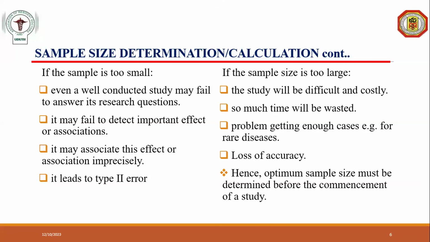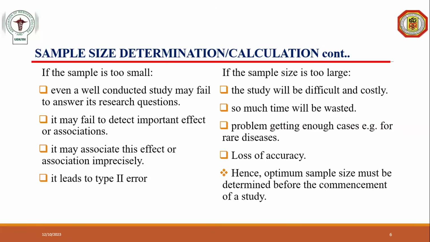Because if the sample size is too small, you may not have enough participants to measure the difference that you want to find. Maybe had you included many people in the study, many problems would be found, and you would be able to measure the difference when the difference is there.